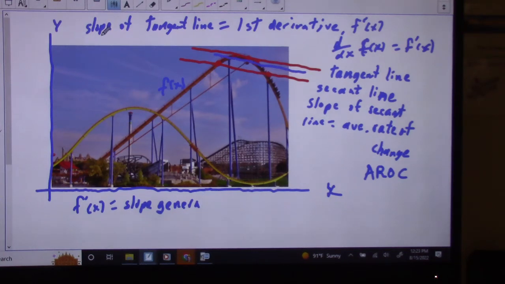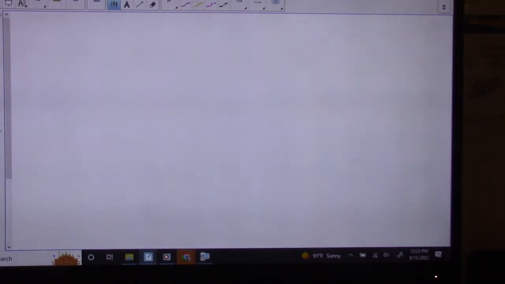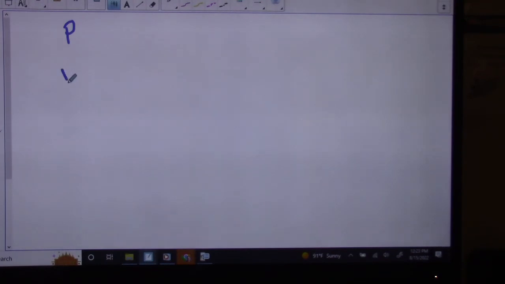Okay, there's an acronym. Where is that thing? There it is. Okay, PVANG. It's got to help you remember what we're trying to do. I'm going to put it like this. PVANG.